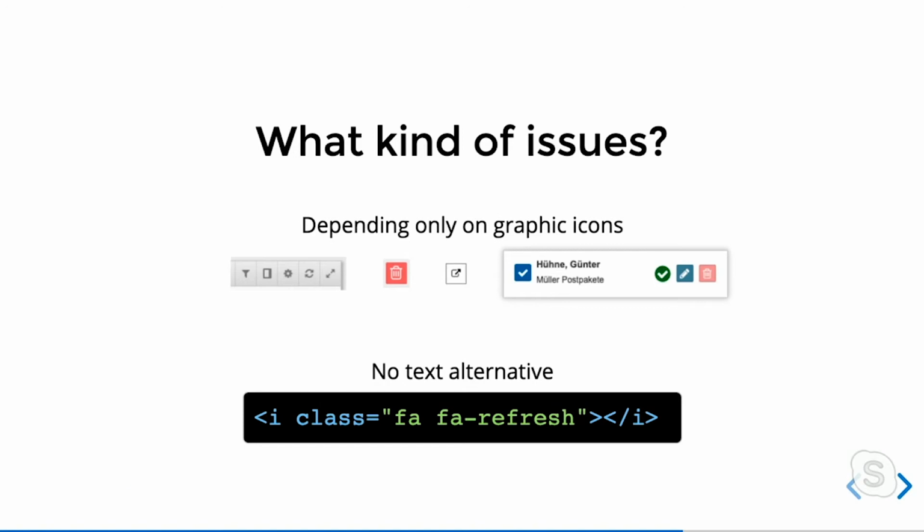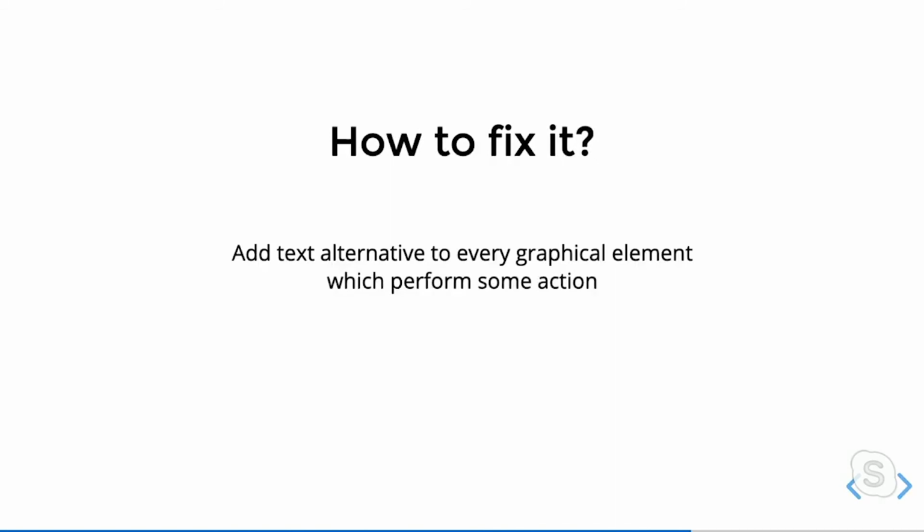This is a really common practice. This is good. You will achieve the results which you want. You will get the icon, but it has no value. It's really bad for accessibility because it just renders something, and it relies only on being able to see the content. So we have to fix it.